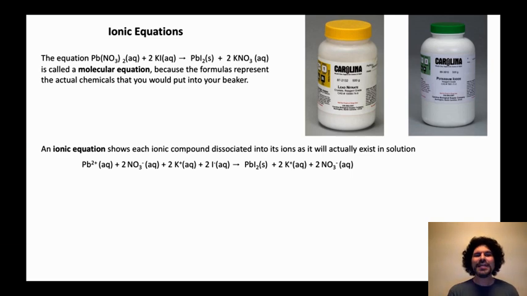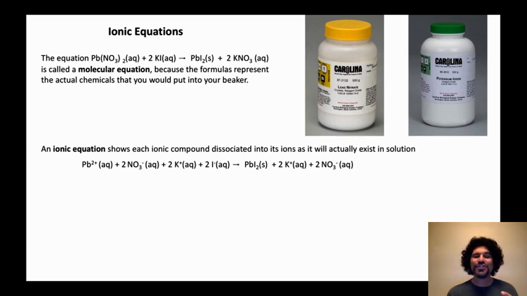So the ionic equation shows each ionic compound dissociated into the ions that will actually exist in solution. So the ionic equation for this reaction would be Pb2+ aqueous plus 2 NO3- aqueous plus 2 K+ aqueous plus 2 I- aqueous.